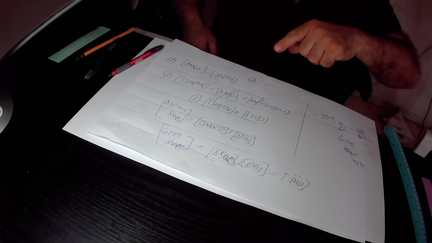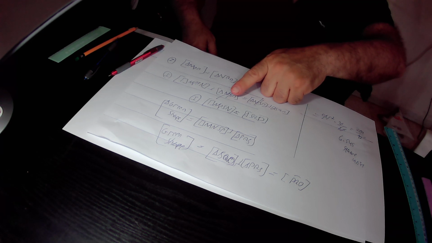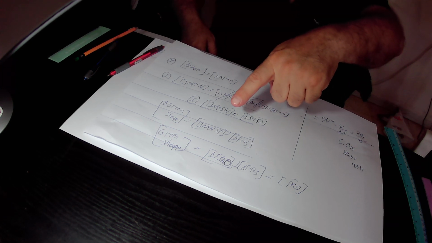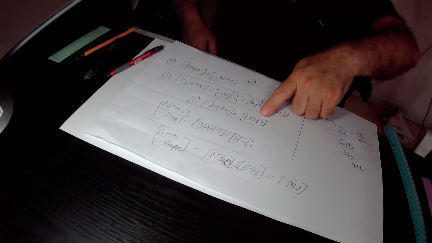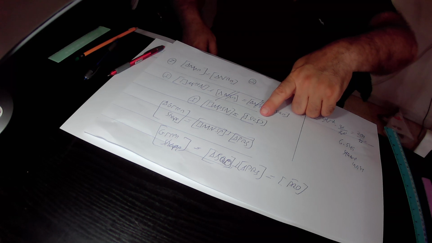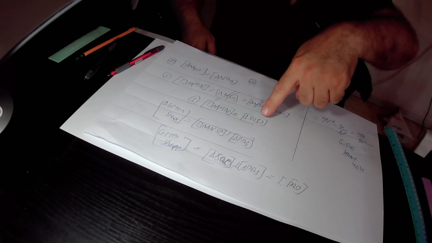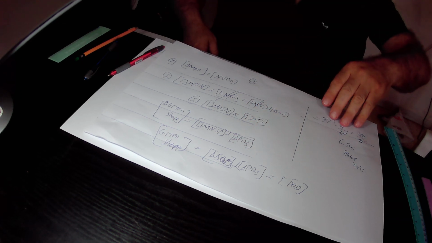But we already found out that the area of quadrilateral MPSN equals the area of the right triangle SQO. Therefore, we can substitute the area of quadrilateral MNSP by the area of the right triangle SQO. We found out the area of the green shape in total equals the area of the right triangle SQO plus the area of the triangle PQS.